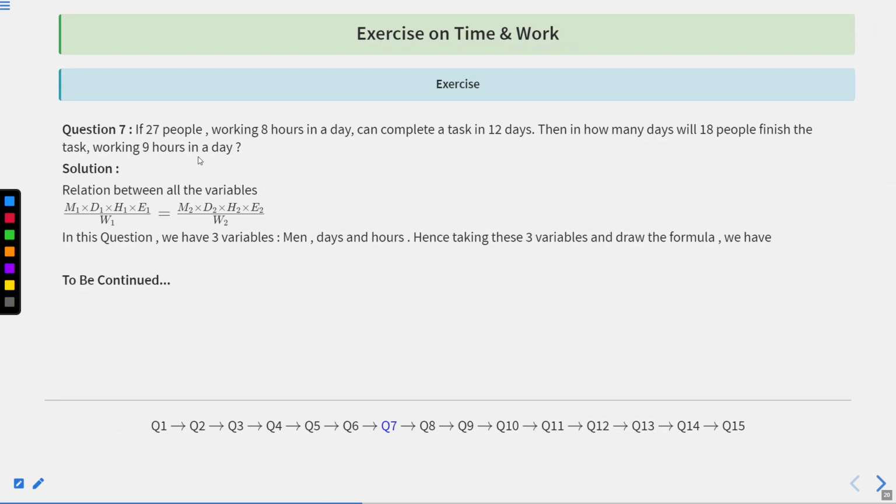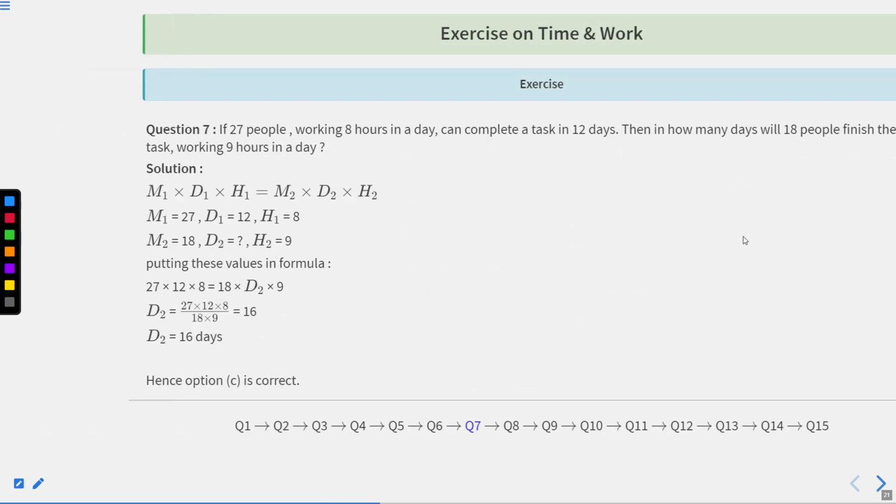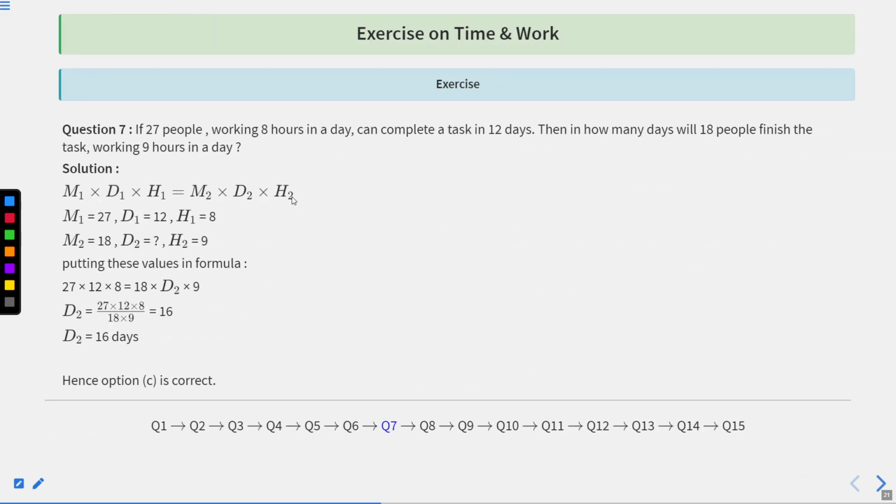We are again going to use the same formula: m1 d1 h1 e1 upon w1 equal to m2 d2 h2 e2 upon w2. In this question, we have three variables, men, days and hours. Hence, we have m1 d1 h1 equal to m2 d2 h2.